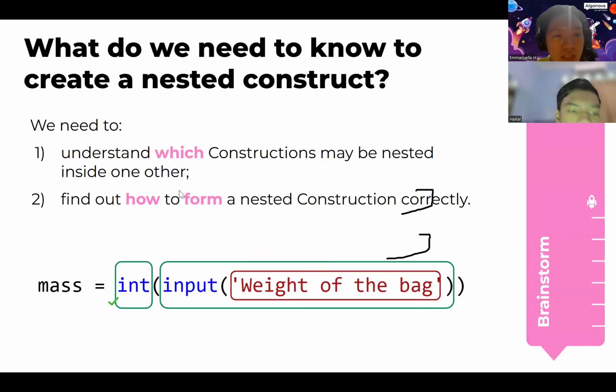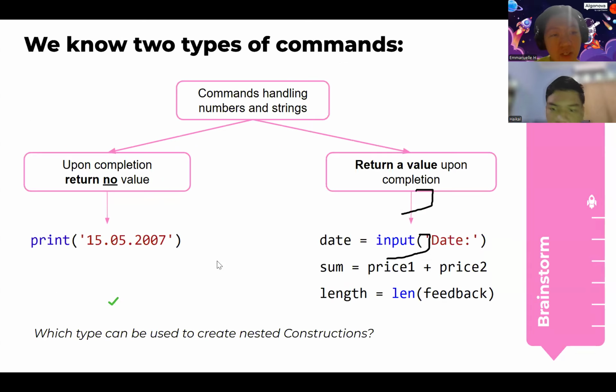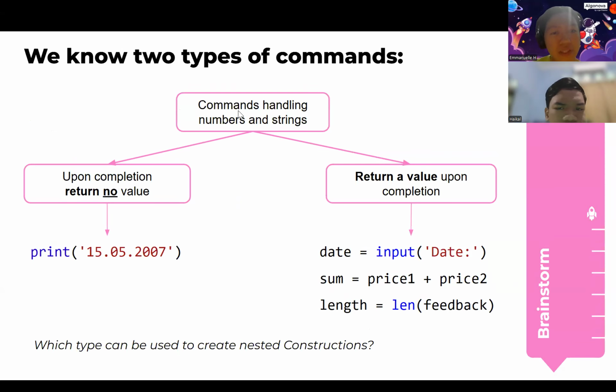Okay. So today we learned about nested construction, when we merge two codes or more than one code into one. Not every code can be shortened. And then there are two types of code: one that returns no value and one that returns a value.